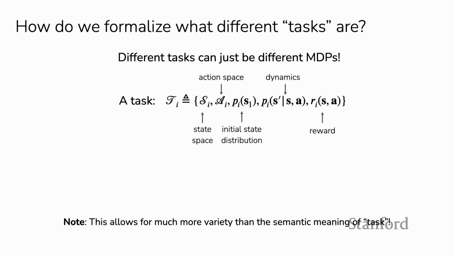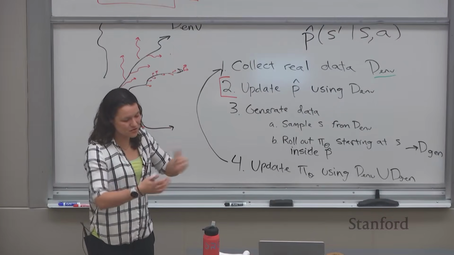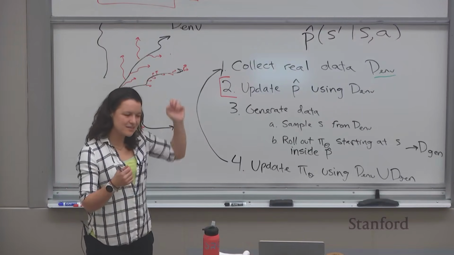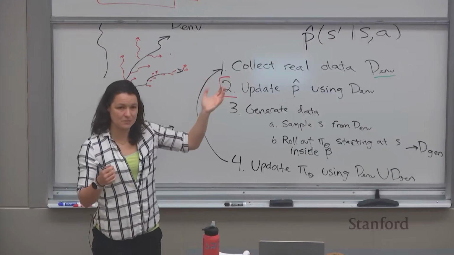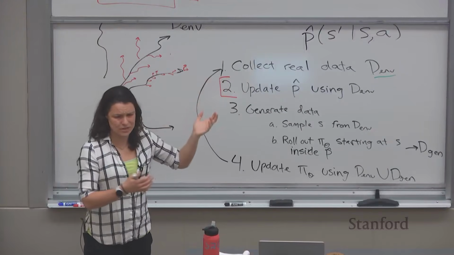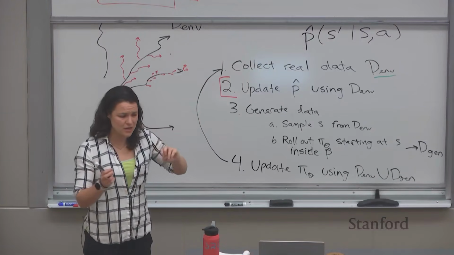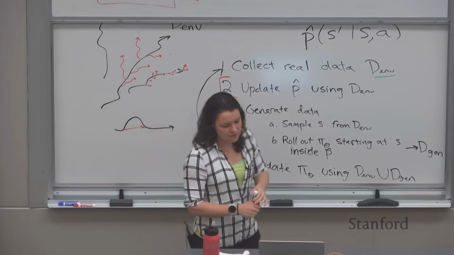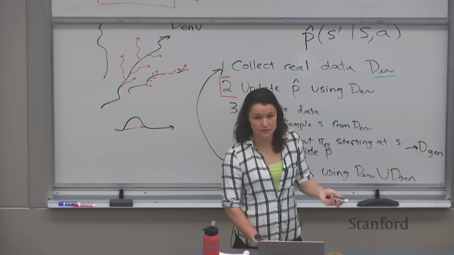Now, with this definition, it's worth mentioning that when we think of the notion of a task, there's some English meaning under the English word of task. And this notion of a task being an MDP is potentially quite different from that semantic notion of a task, where you could have different tasks that have the same reward function and only different dynamics.